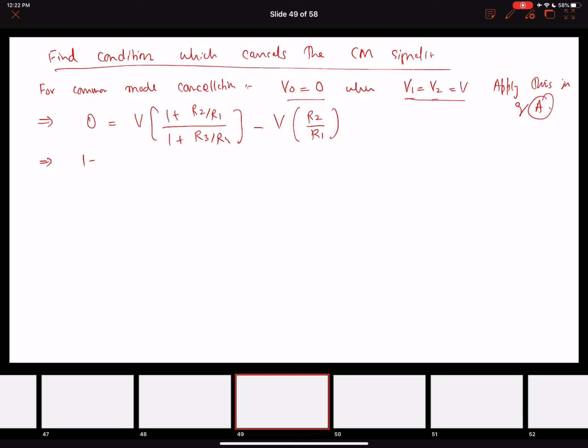So this shows 1 plus R2 over R1 over 1 plus R3 over R4 equals R2 over R1. So cross multiply: R1 into 1 plus R2 over R1 equals R2 into 1 plus R3 over R4.